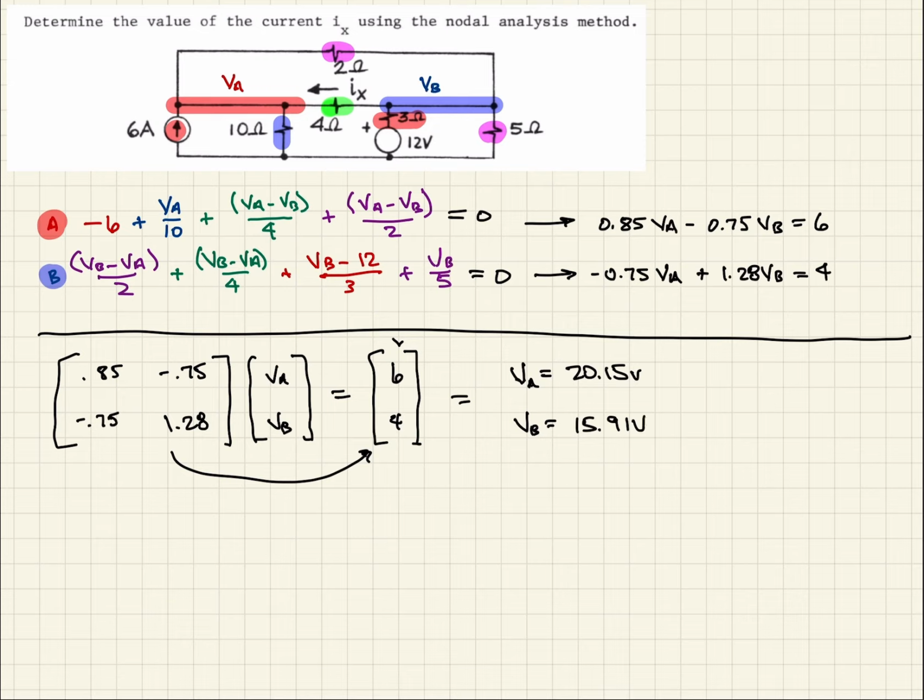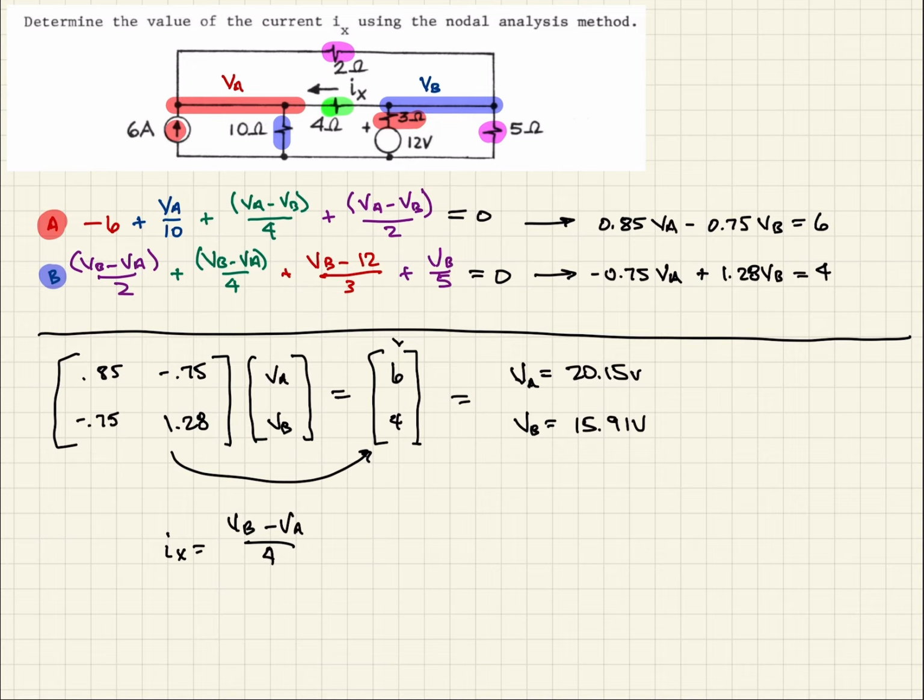So having those voltages, now we should be able to determine what Ix is, right? Ix is just the current in the 4 ohm resistor, and so that should be equal to VB minus VA divided by the 4 ohm resistor.